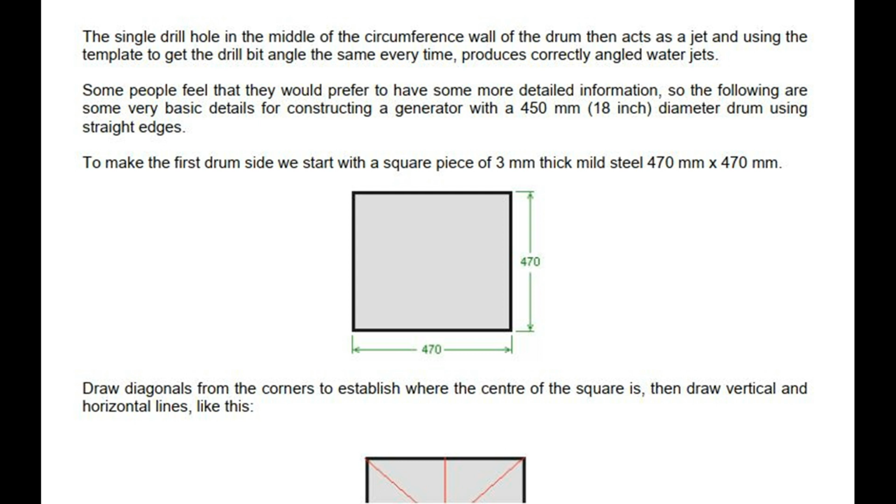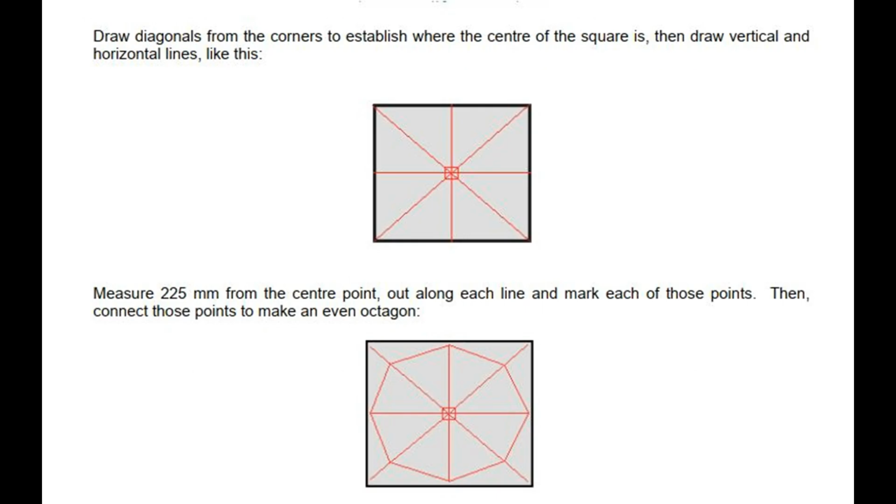Draw diagonals from the corners to establish where the center of the square is, then draw vertical and horizontal lines, like this. Measure 225 mm from the center point, out along each line and mark each of those points. Then, connect those points to make an even octagon.